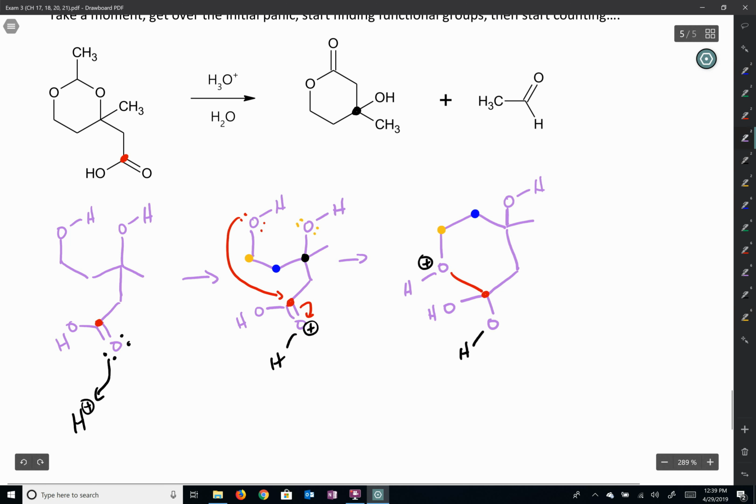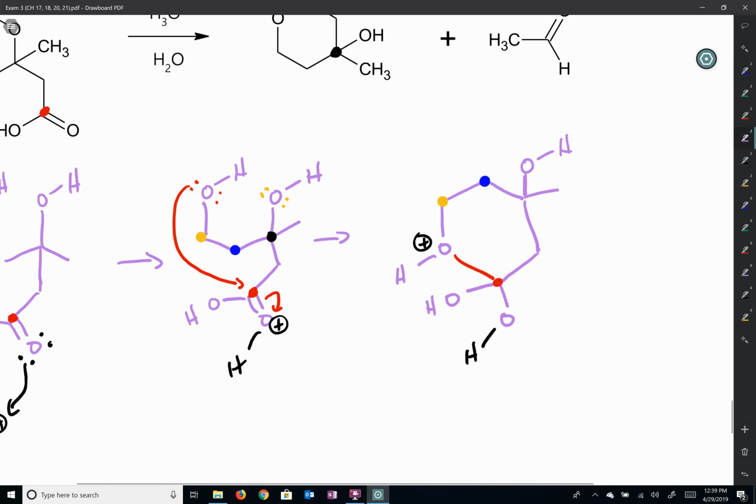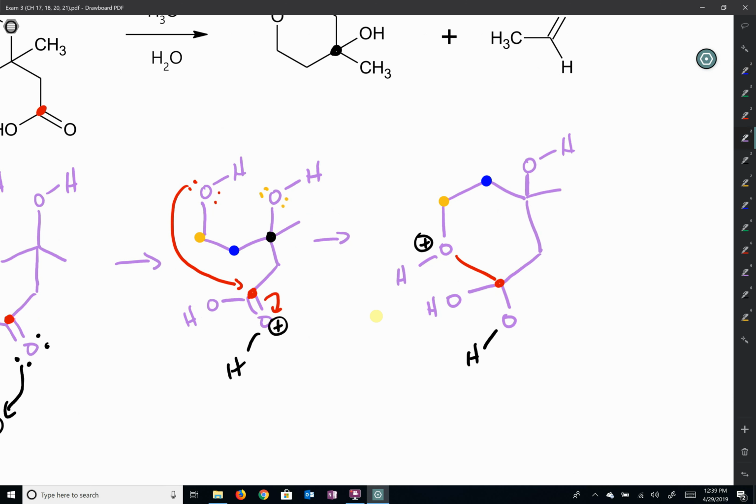Okay, so now we're going to do the proton shuffle again, right? We popped up a pi bond here. So we know we want to fall back down and kick off the best leaving group. So proton shuffle time. Okay.